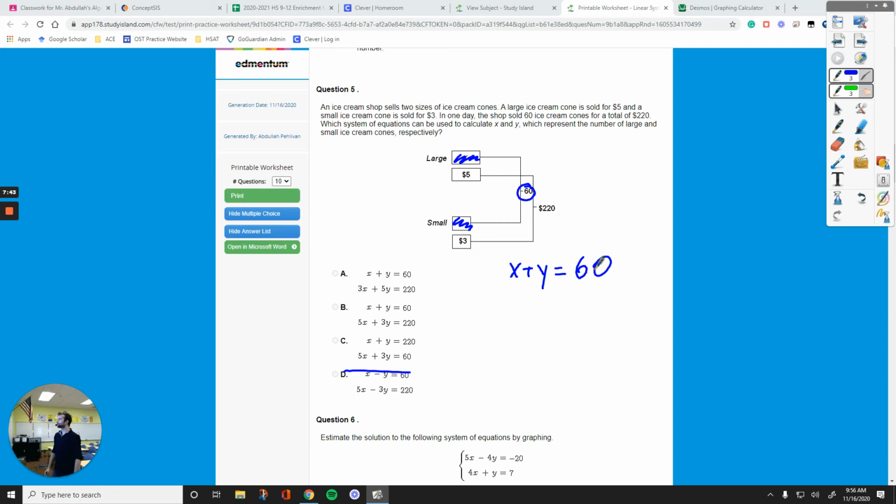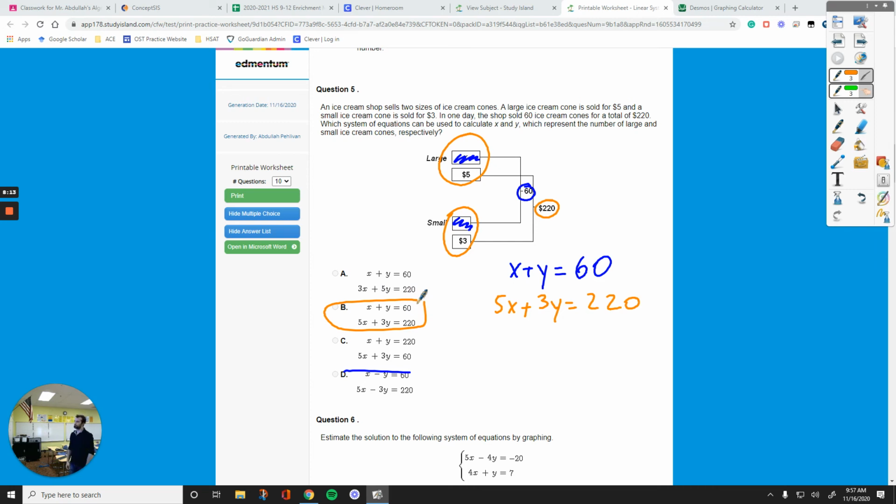And then 5 and x are together, so it is 5x plus, and then 3 and y are together, 3y, and then they make up that $220. That would be my answer. So x plus y equals 60, 5x plus 3y equals 220, so it's this right here.